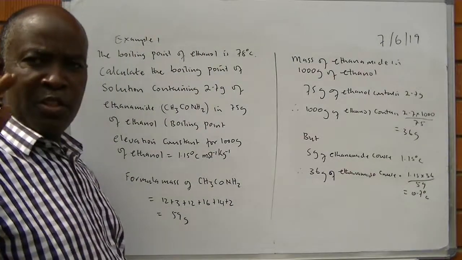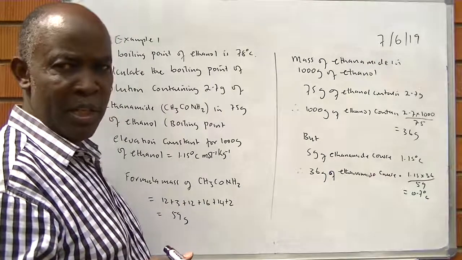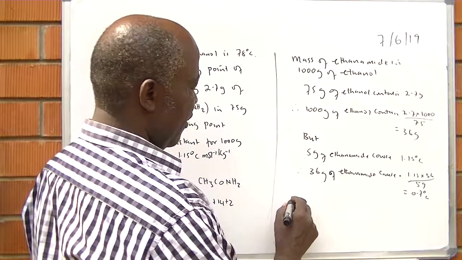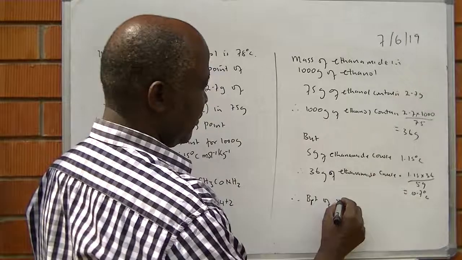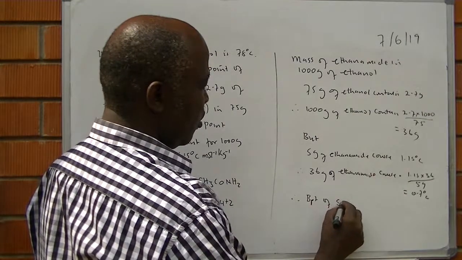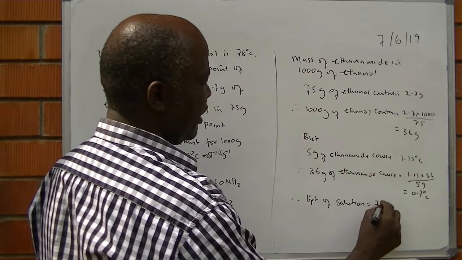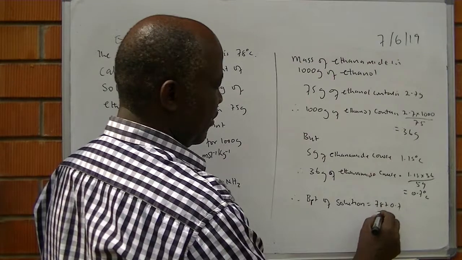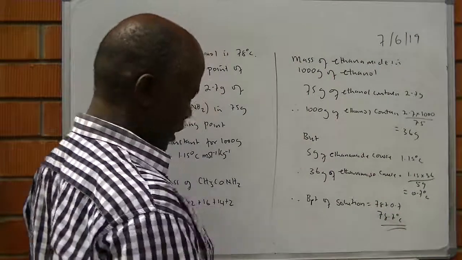But the boiling point of the solution is higher than the boiling point of the solvent by the T. Therefore, boiling point of solution will be equal to 78 plus 0.7, which is equal to 78.7 degrees Celsius.